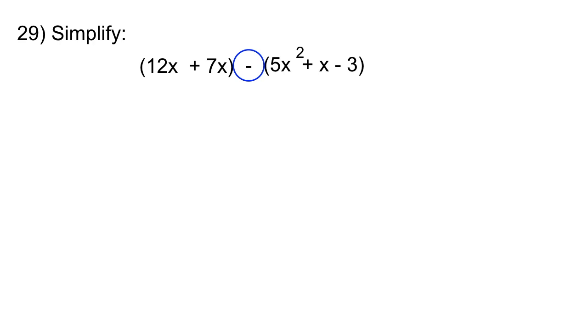So when you multiply this negative sign by 5x, it's going to give you negative 5x. Negative sign multiplied by x is going to give you negative x. And then a negative sign multiplied by negative 3 is going to give you positive 3. Again, be really careful with the signs, because otherwise it's going to mess you up, and you would end up with this.